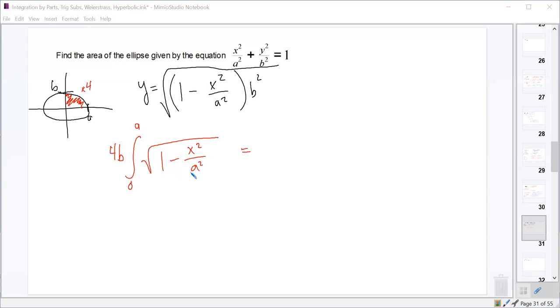And what can I do with that over a squared? It should be able to be pulled out as a what? As a 1 over a, right? So we're going to have 4b over a times an integral from 0 to a of root a squared minus x squared. I forgot my dx's here, dx. Good or no?